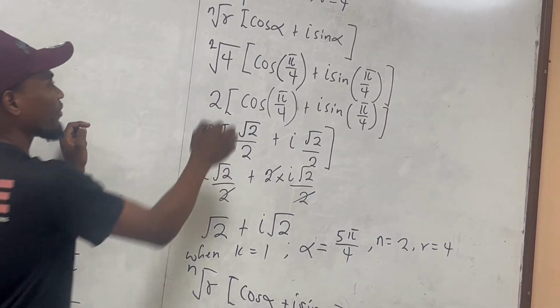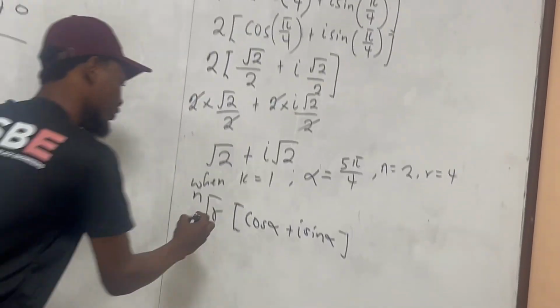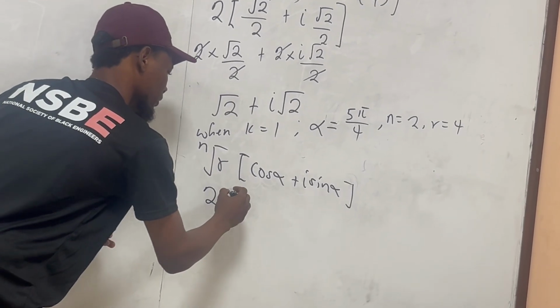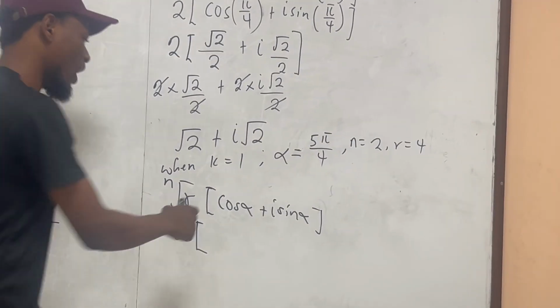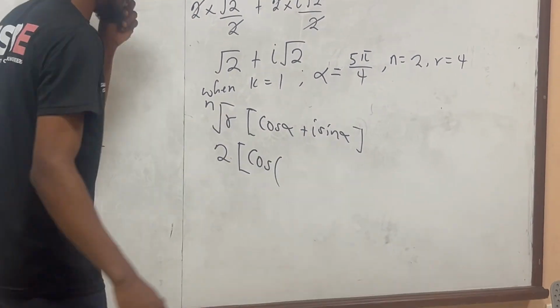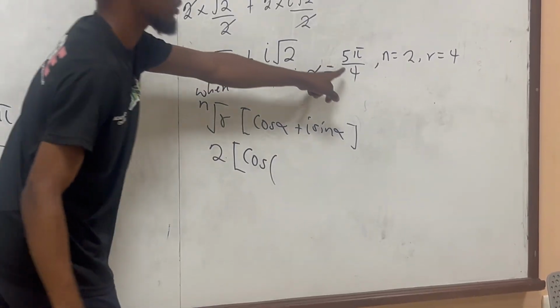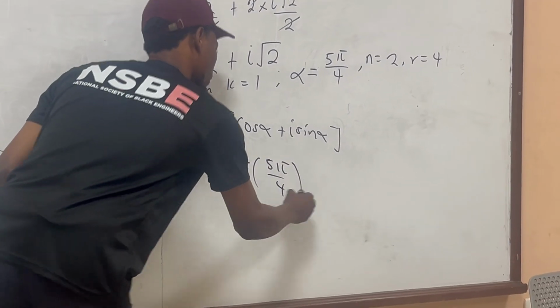You know that the whole of this gives us 2. So I have 2, then cos of alpha, what is the value for alpha? We have 5 pi on 4.